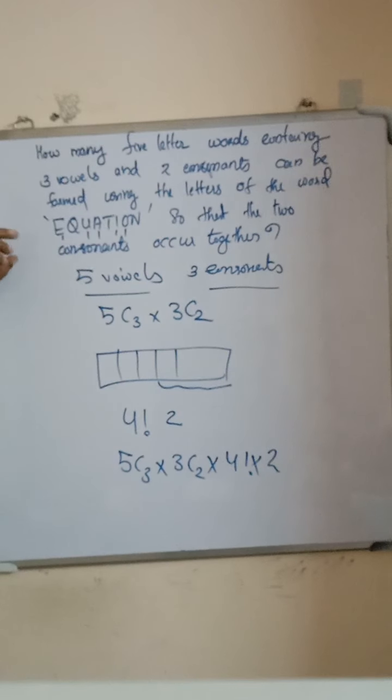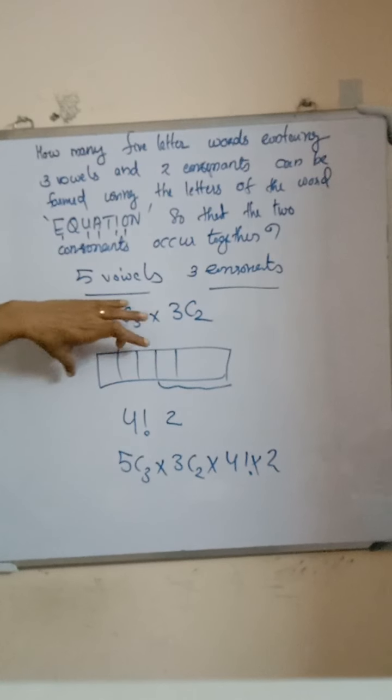Here we have 5 vowels and 3 consonants in the letters of the word equation. We form a 5-letter word containing 3 vowels and 2 consonants. This can be formed in 5C3 into 3C2 ways.